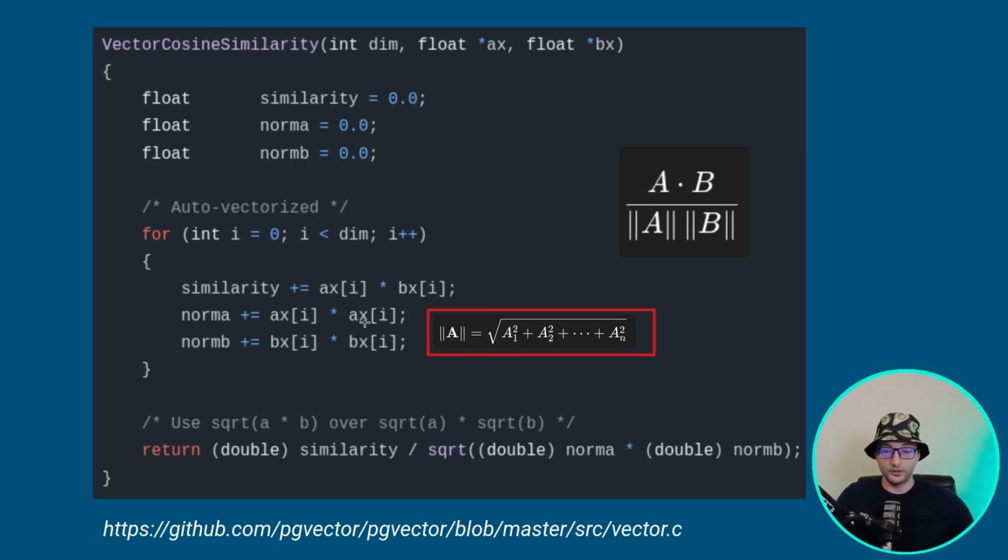So we are doing the squaring part here. This is where we are doing the summing up, and then in the return statement, that's where we are actually doing the square root part.